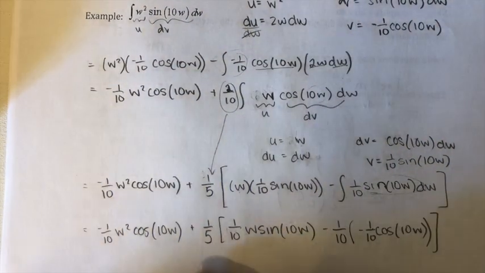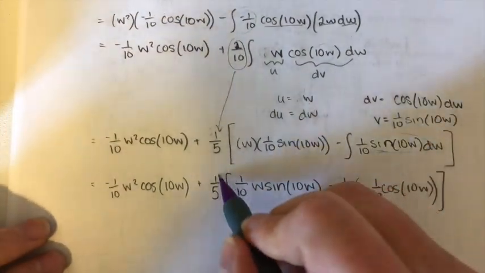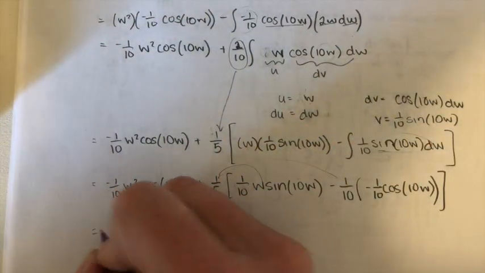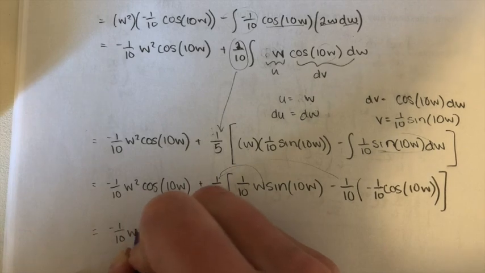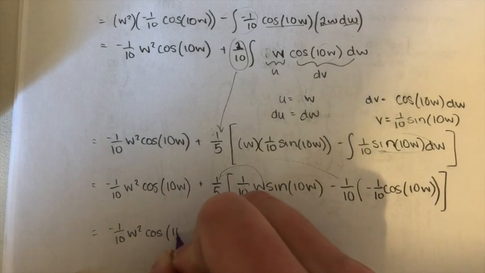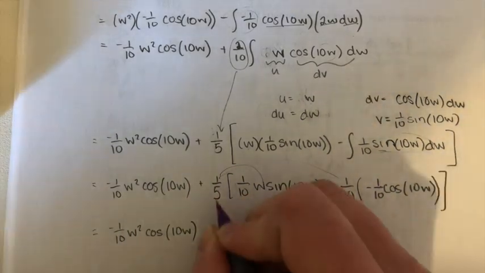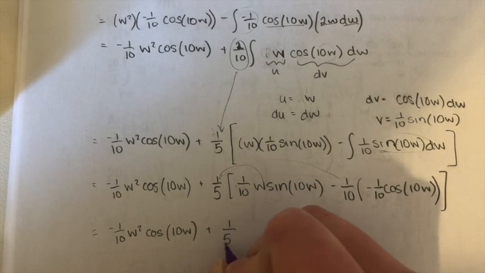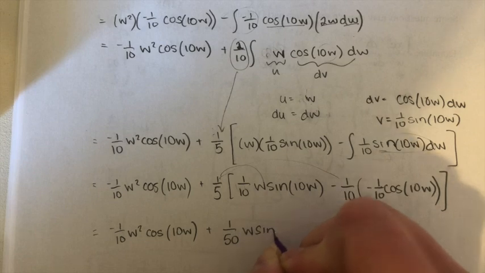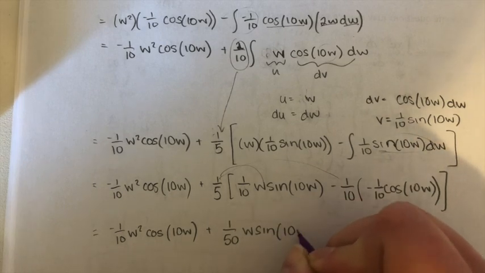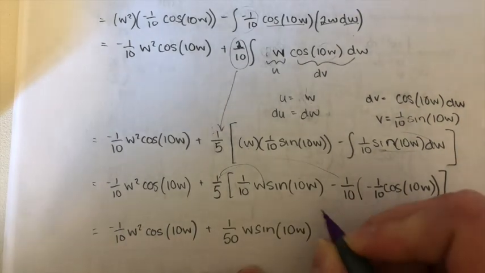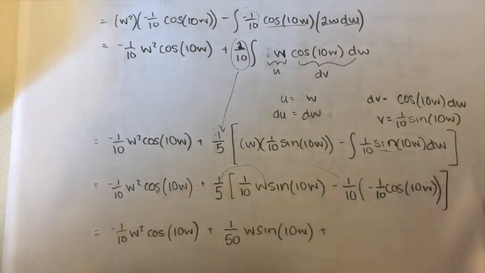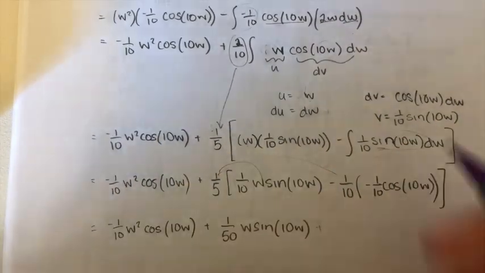So we could simplify all that. We can distribute that 1/5 in. So let's do that. So we've got negative 1/10 w squared cos of 10w plus 1/5 times 1/10 is going to be 1/50th w sine 10w. And then plus, oh, this one would be a minus.